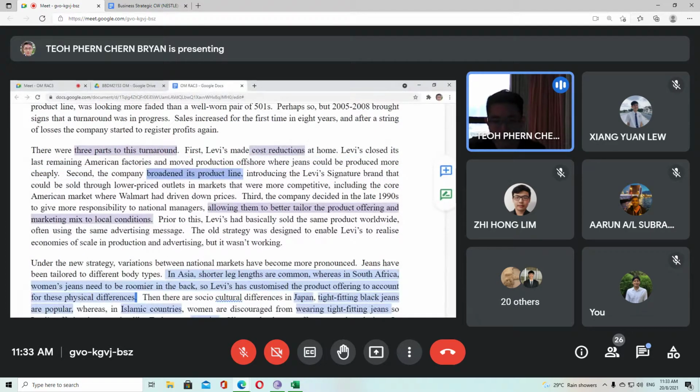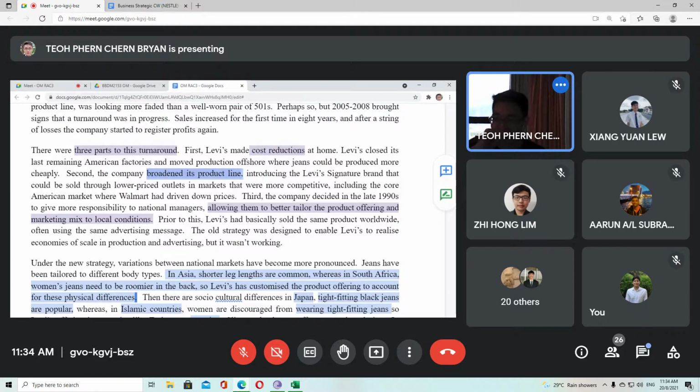Now if you know Levi's, if you bought Levi's before, it's not cheap. It's not the cheapest jeans you can get. In Malaysia, I think the standard one should be around 200 per pair of jeans, right? But it's very comfortable. Legit good jeans, but very expensive. So they realized that not everybody can buy, right?